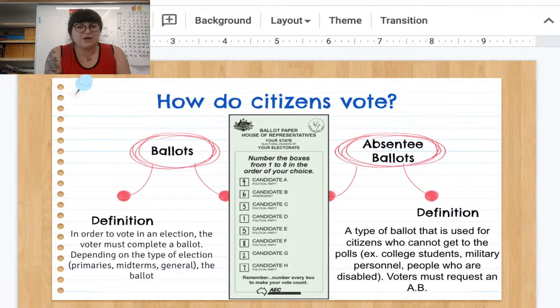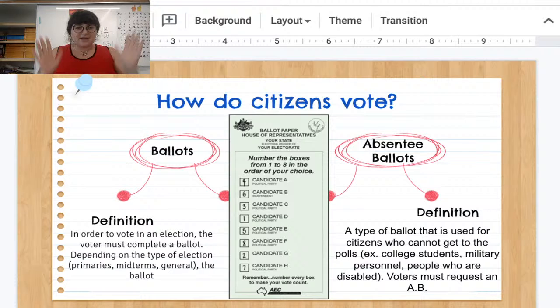Are you going to go in person and do so safely with social distancing, or are your parents planning on doing an absentee ballot? Now, California is super fascinating, right? We have a lot going on right now in the age of COVID to, number one, protect people who wouldn't normally be able to go into the polls, and for people who may or may not feel comfortable going into the polls. So we have ballots and absentee ballots.